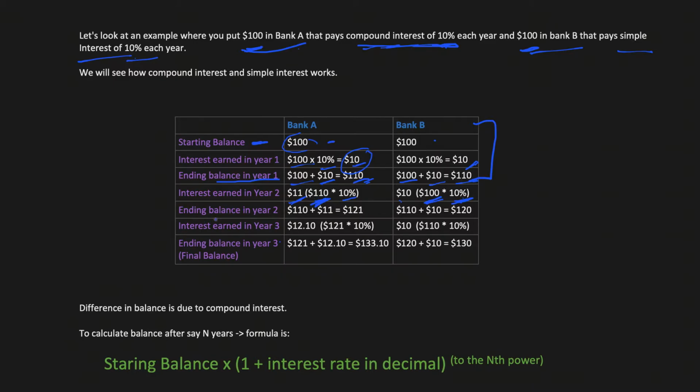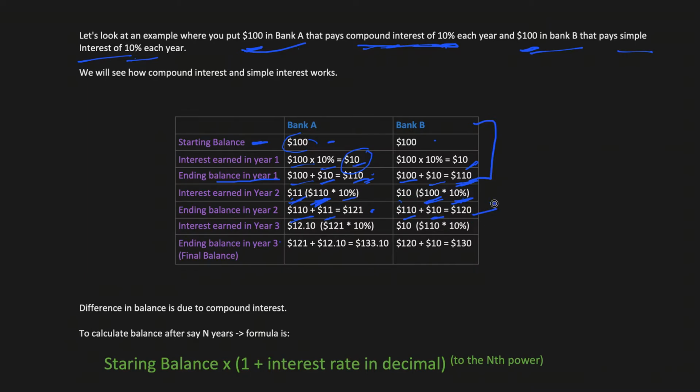So after the end of year two, for bank A, we'll have $110, which is year one balance, plus $11, which is the interest earned in year two. That gives us $121. And for bank B, it would be $110, which is the ending balance in year one, plus $10, which is the interest earned in year two.